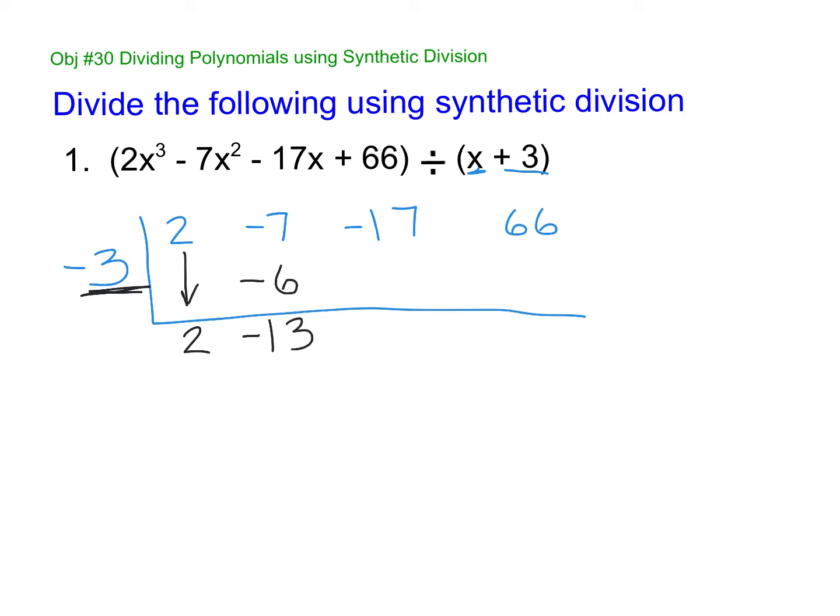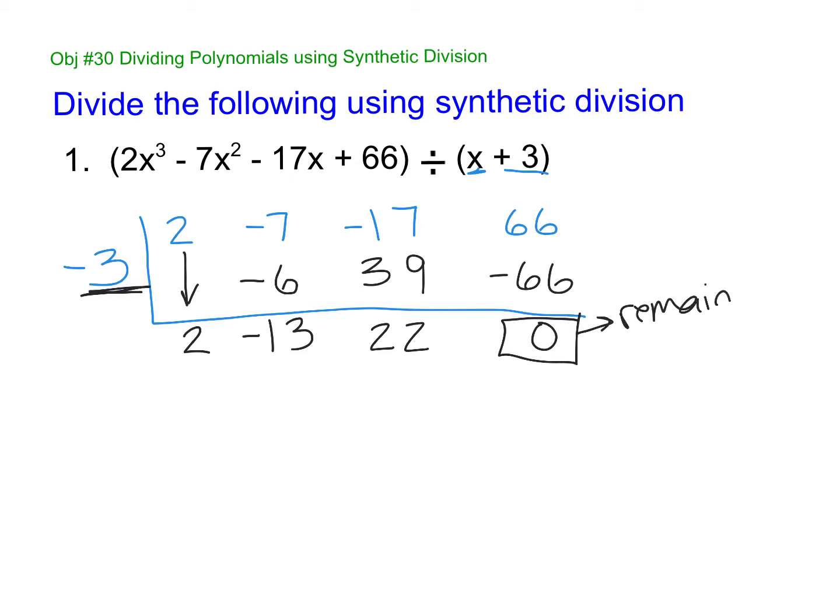Negative 3 times negative 13 is 39. Combine down. Negative 3 times 22 is negative 66. Combine down. This last one is our remainder. So in this case, we don't have a remainder.